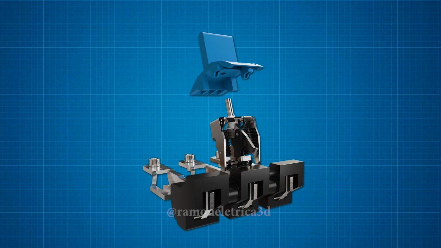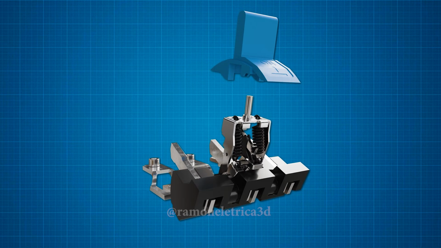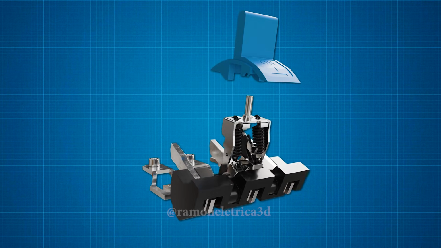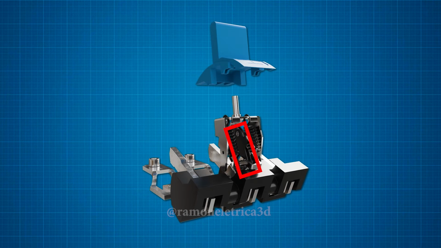The contacts close with significant pressure because of these two springs. When the handle moves forward to turn the breaker on, this mechanism shifts forward and closes the contacts.